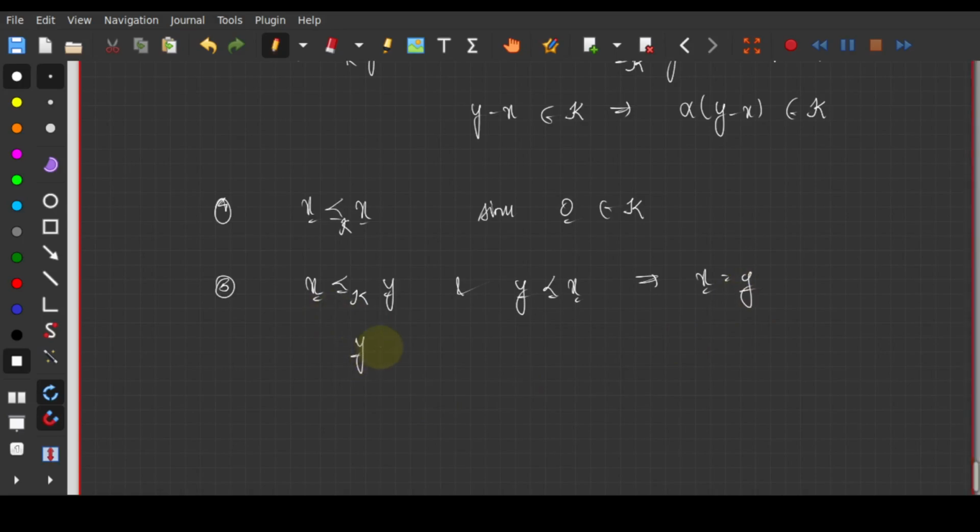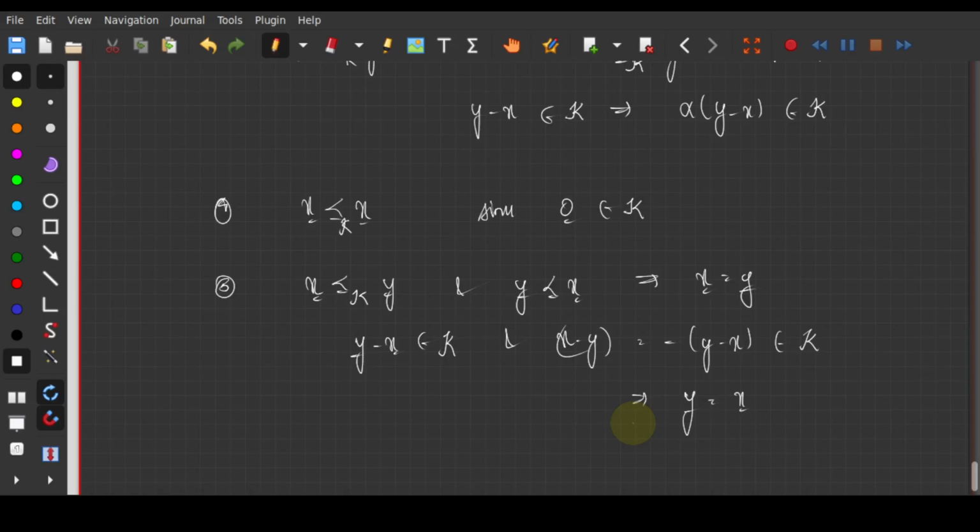So that's because Y minus X is in the cone and X minus Y, which is equal to the negative of Y minus X, is also in the cone. But since it's a pointed cone, this implies that Y equals X. So I can't define this generalized inequality using a cone which is not proper and still have the same properties that I had for component-wise inequalities.